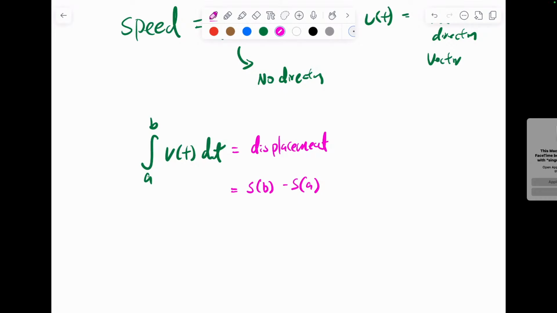What's the distance between Walker and Walmart? Let's say it's 10 miles. That will be a displacement. Now there's a small difference between displacement and total distance.